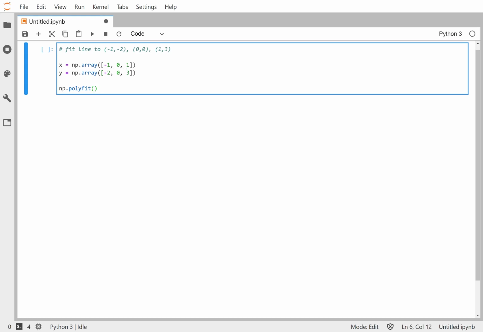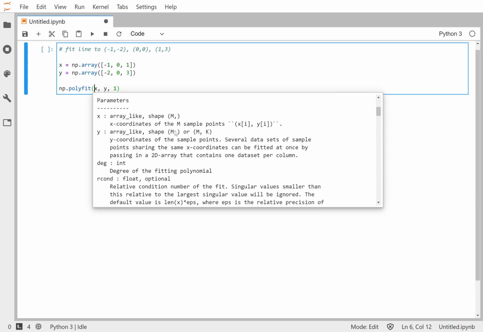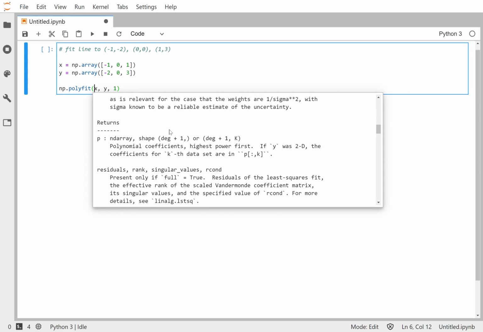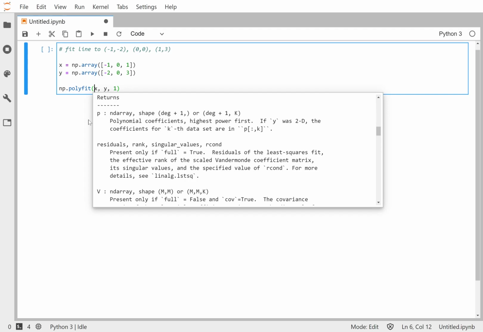Now we could try polyfit x, y, and if we're fitting a line, that would be a degree 1 polynomial. So what this is going to return then is a tuple of the coefficients. Let's check what order they come out at. So if we scroll down here, it returns this p here is an array, or for our purposes, we can use tuple unpacking for it, even if it's not technically a tuple.